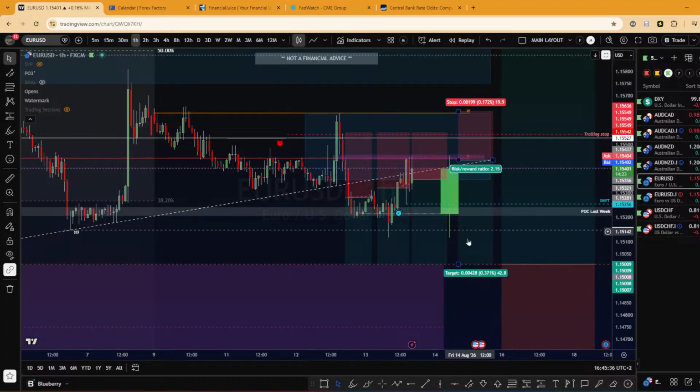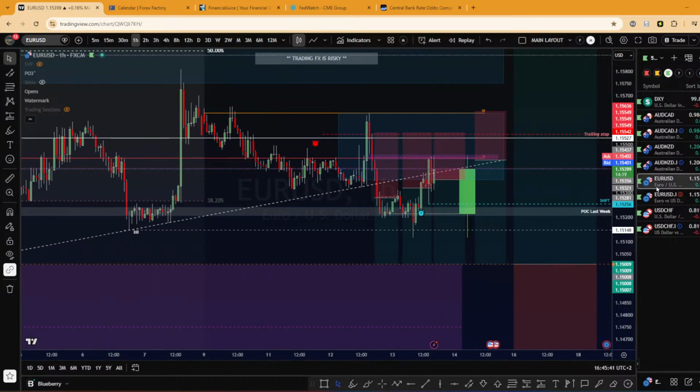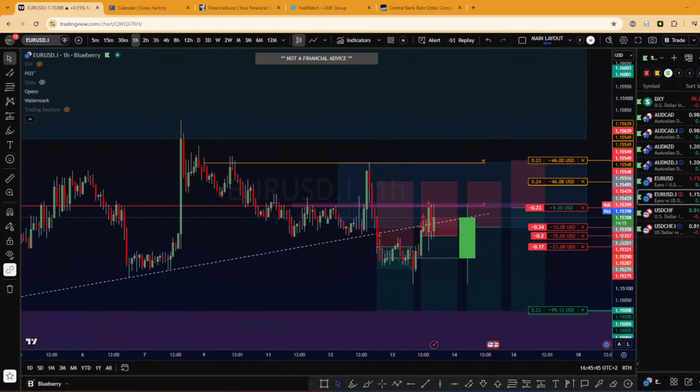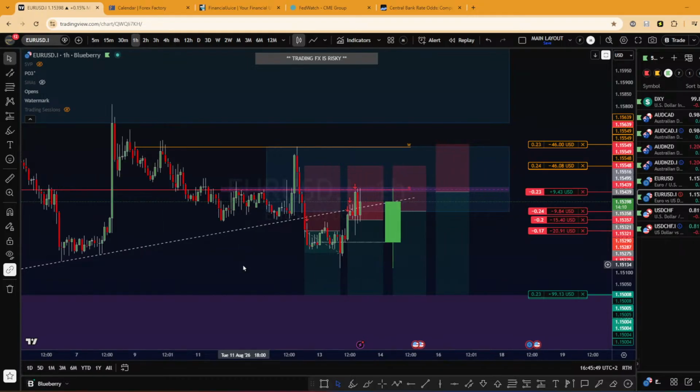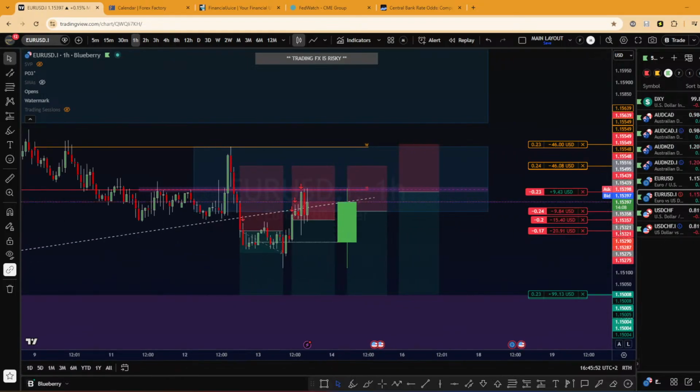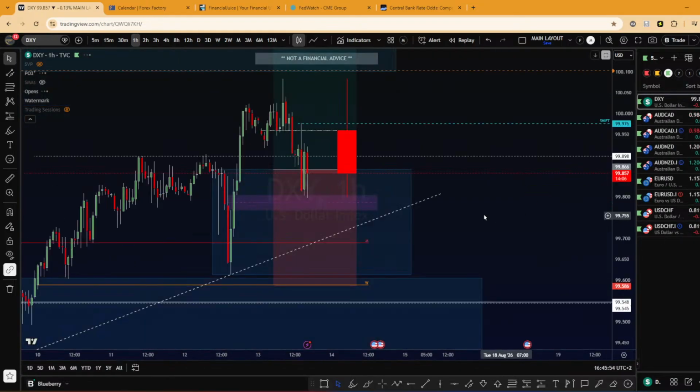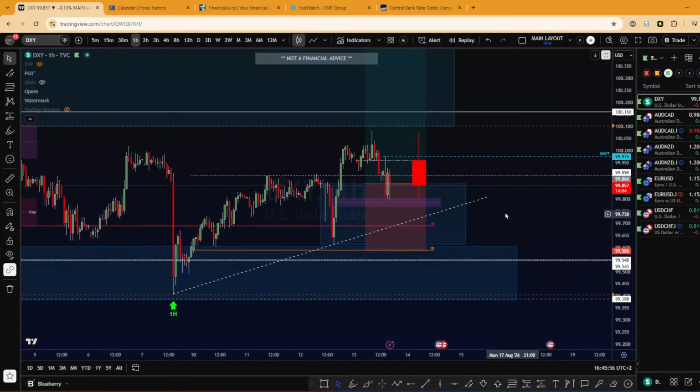Okay, so yeah, I think I will hold this trade. It's a little bit of a risky trade, but I think I will hold it based on my comprehension and the technical analysis of what I am seeing right now.